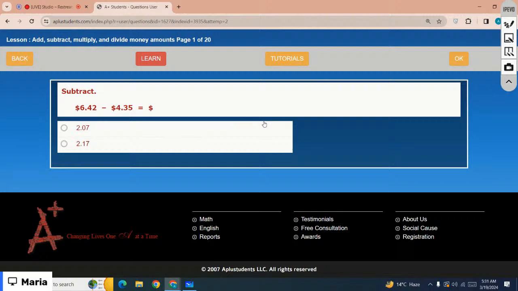Okay, the first one is subtract 6.42, take away 4.35. So, which is the correct option? The correct option is $2.0.